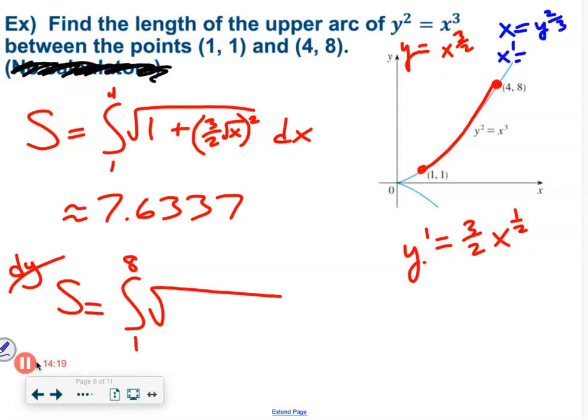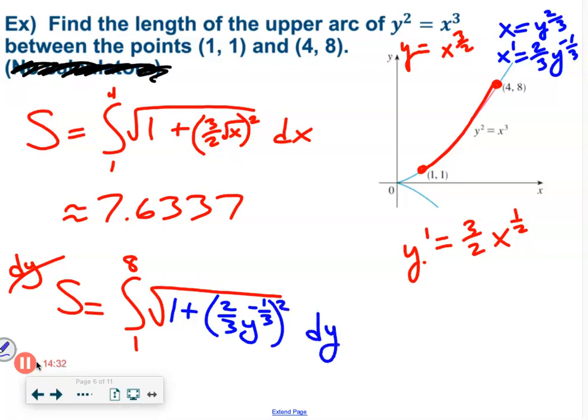So x prime would be 2/3 y to the negative 1/3. And you end up with 1 plus 2/3 y to the negative 1/3 quantity squared dy, which still gives you 7.6337, right? Either way.